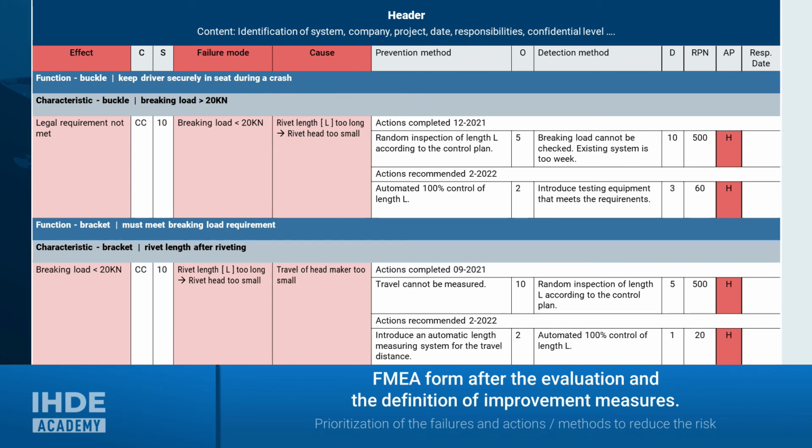This made it possible to reduce the risk priority number from 500 to 60 and 20. Not explicitly mentioned here, but a person responsible for the status of the actions must be named and an implementation date must be planned. An FMEA is a living document. It should be checked regularly to ensure that it is up to date, and new findings should be incorporated into the FMEA.